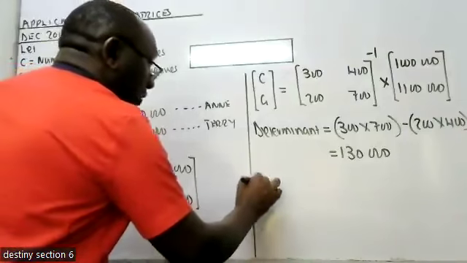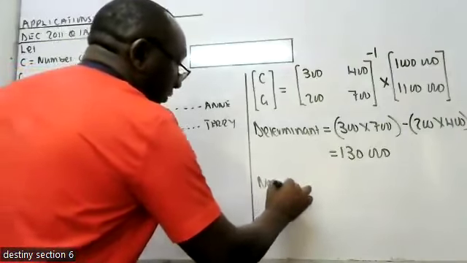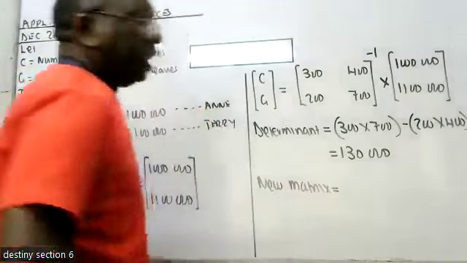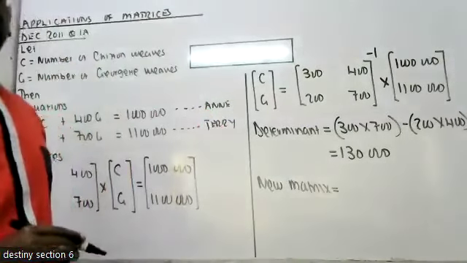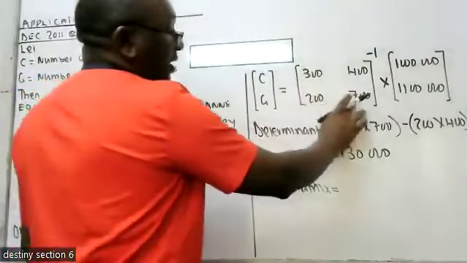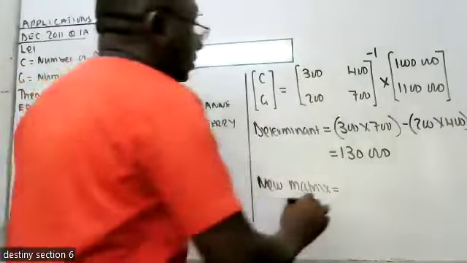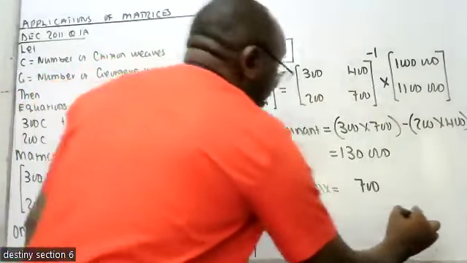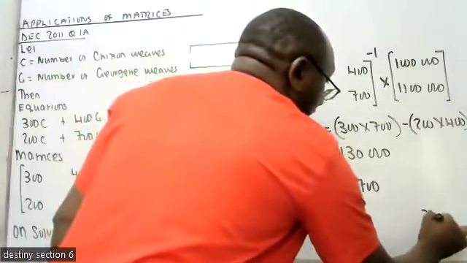Then from there, you come and create the new matrix. The new matrix, we have said what you do. You interchange the major diagonal elements so that I have 700 here and I have 300 here.